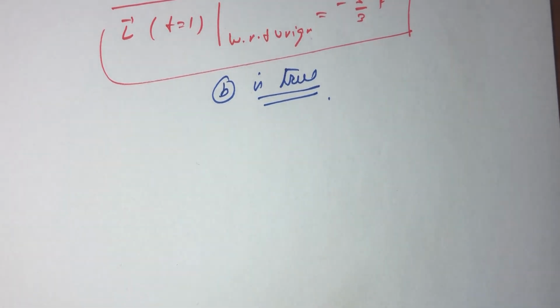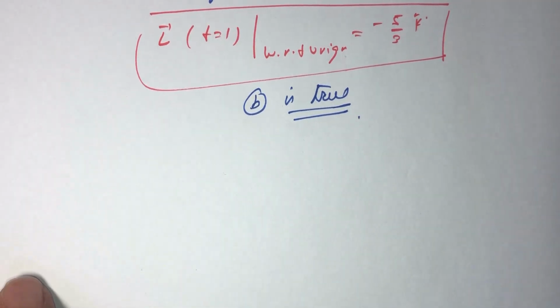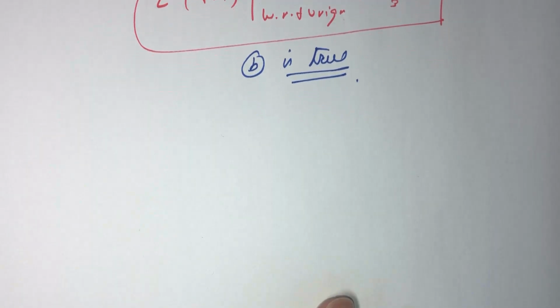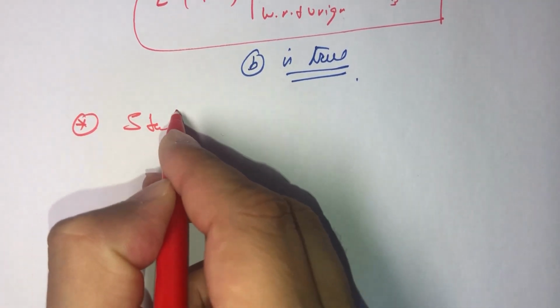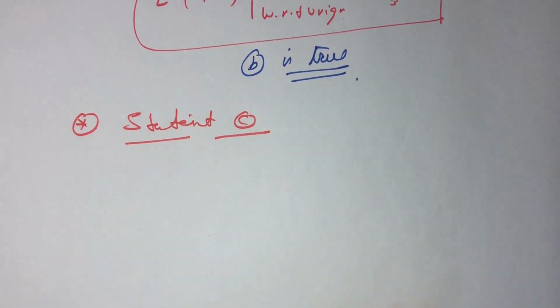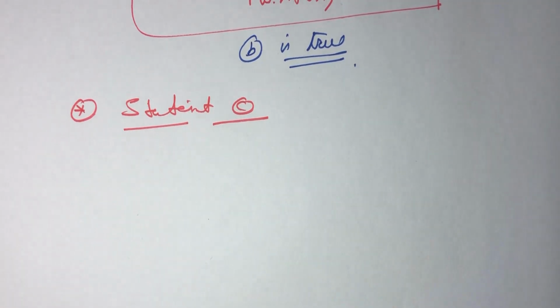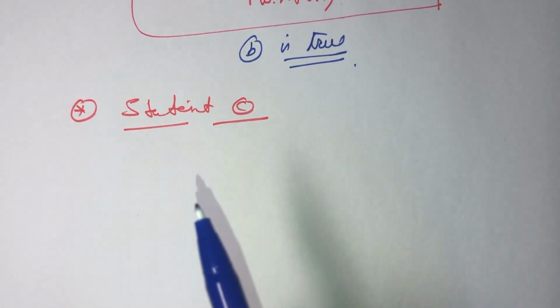You can see B is true. Now let us solve for option number C, in which we are supposed to find out the force. So for statement C, we are supposed to find out force, and force we know is mass into acceleration.